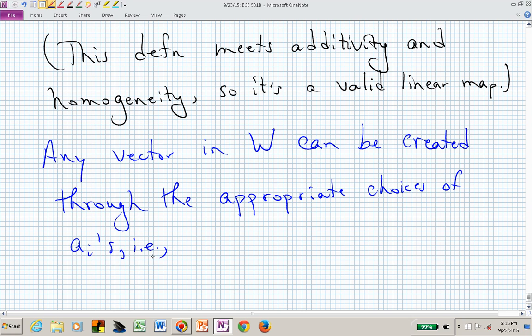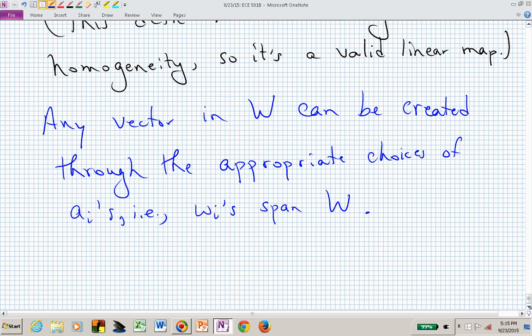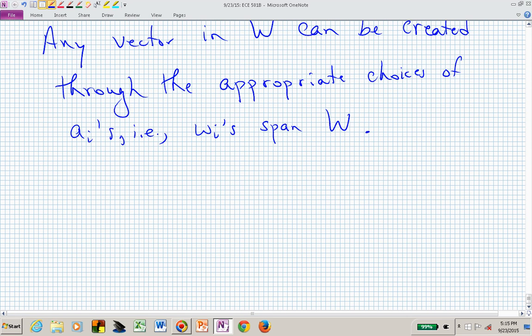Or that is, the W sub i's actually span W. If those W sub i's span W, what does that tell us about the linear map T? W is where we want to go.